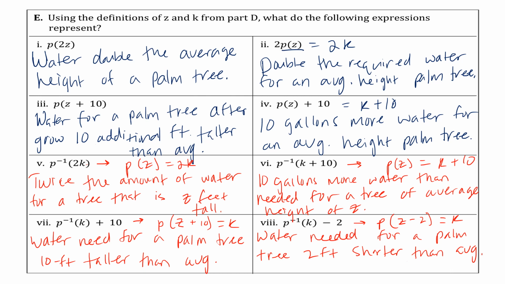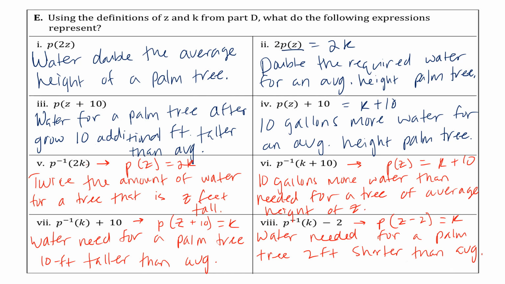So again, takeaway here. When you have just your regular function notation, you're interpreting what the 2 is doing and how it's impacting your value. So with 2 P of z, I'm doubling the required water for an average height palm tree, because P of z was the water, so I'm doubling my water.